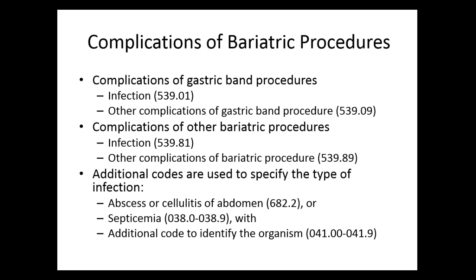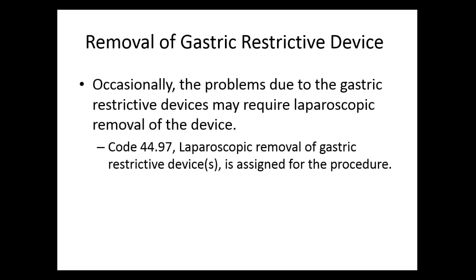So if you have an infection, it's important to also identify the organism that's involved. And then occasionally, patients ask to have or need to have the restrictive device removed, and there is a code 44.97, laparoscopic removal of the gastric restrictive device. And that's the end of chapter 16.